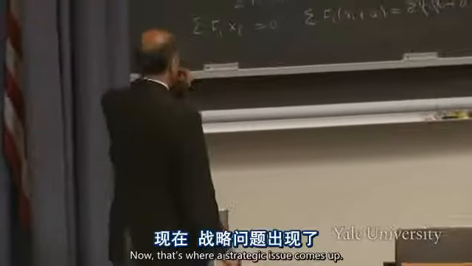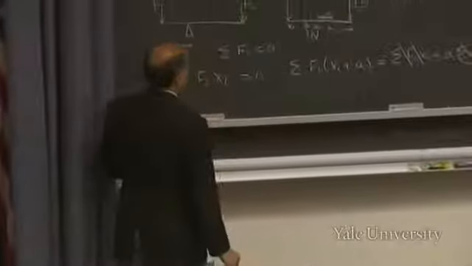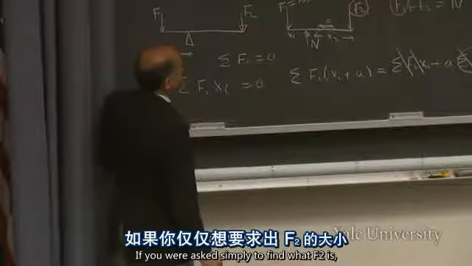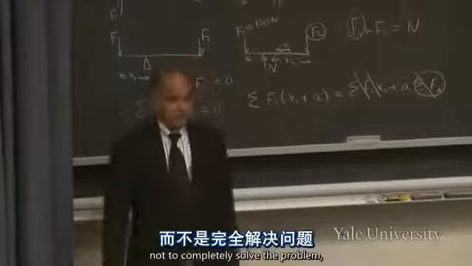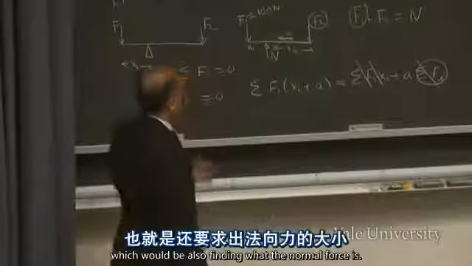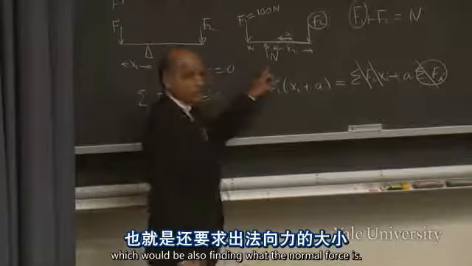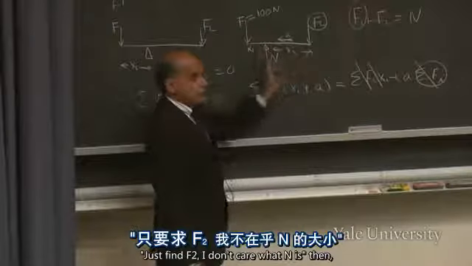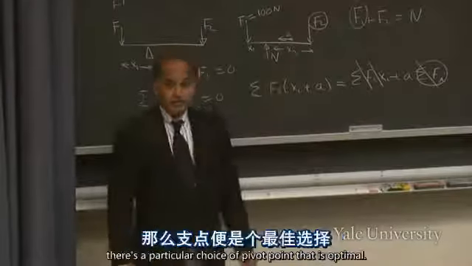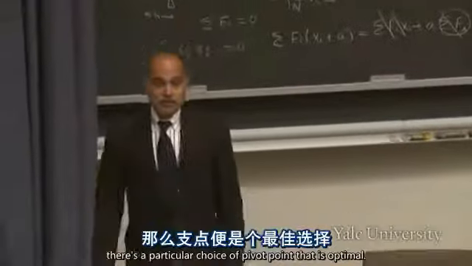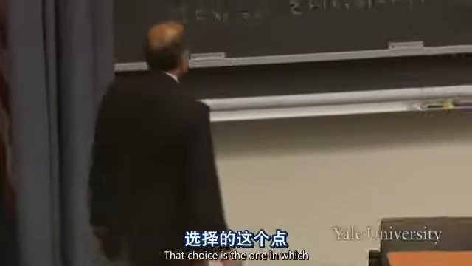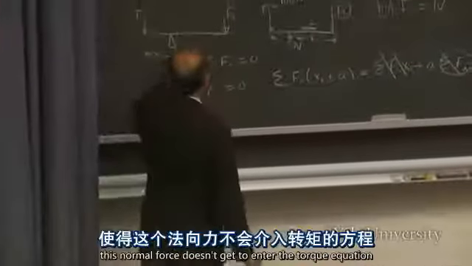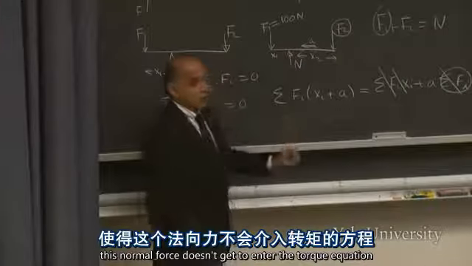Now that's where a strategic issue comes up. If you were asked simply to find what F2 is, not to completely solve the problem, which would also be finding what the normal force is, if someone said, just find F2, I don't care what n is, then there's a particular choice of pivot point that is optimal. That choice is the one in which this normal force doesn't get to enter the torque equation.